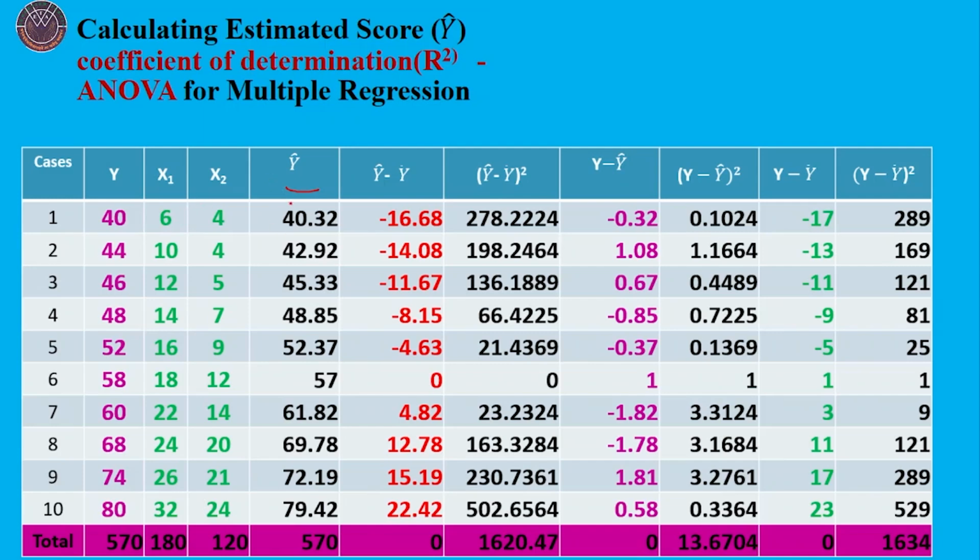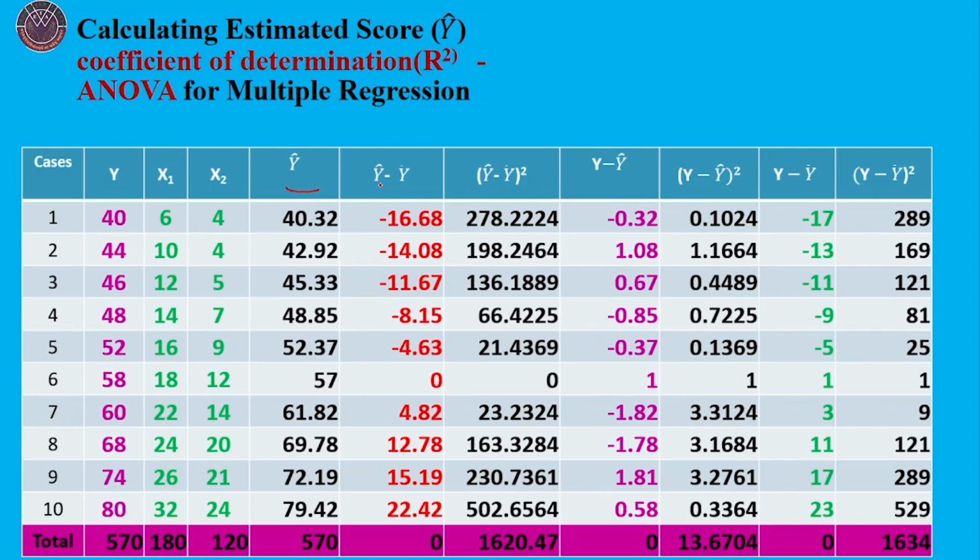Then we can get the regression value for each y, that is, the estimated y value minus y mean. Here in our case, y mean is 57, because 570 divided by 10 is 57.